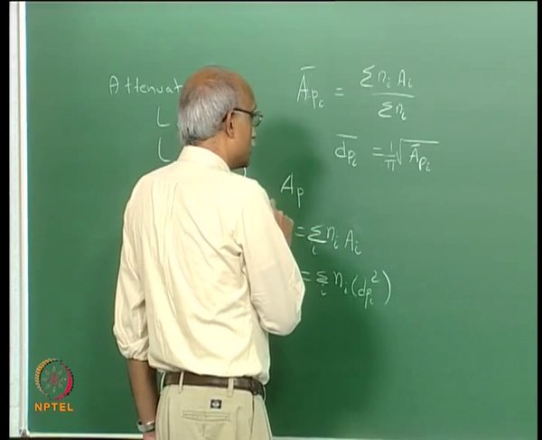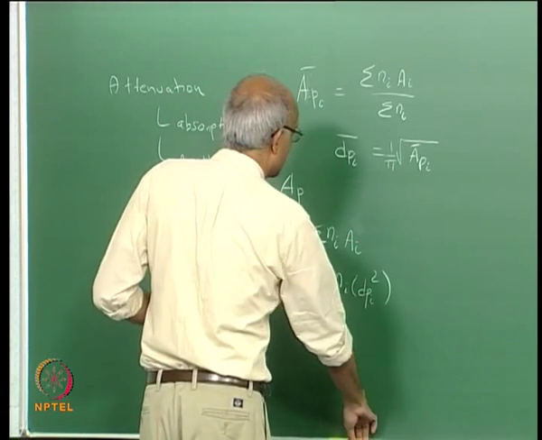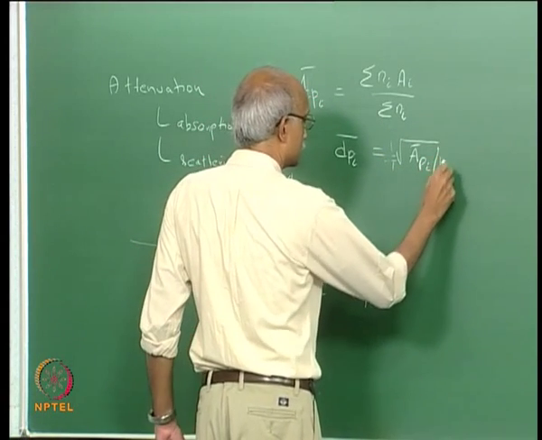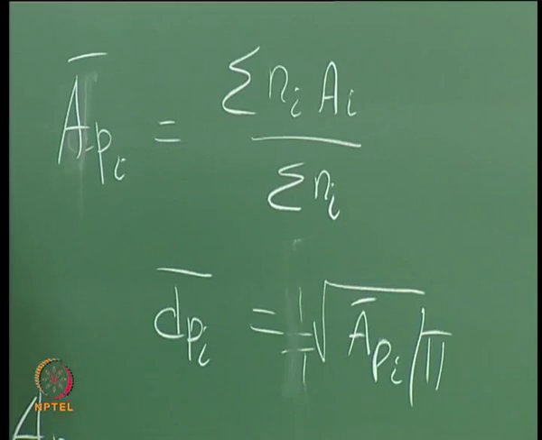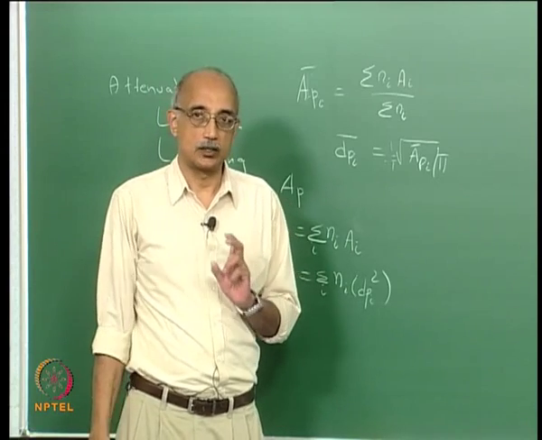Sorry, this pi should be inside the square root. So, this is basically how a turbidimeter is used to characterize mean particle size.